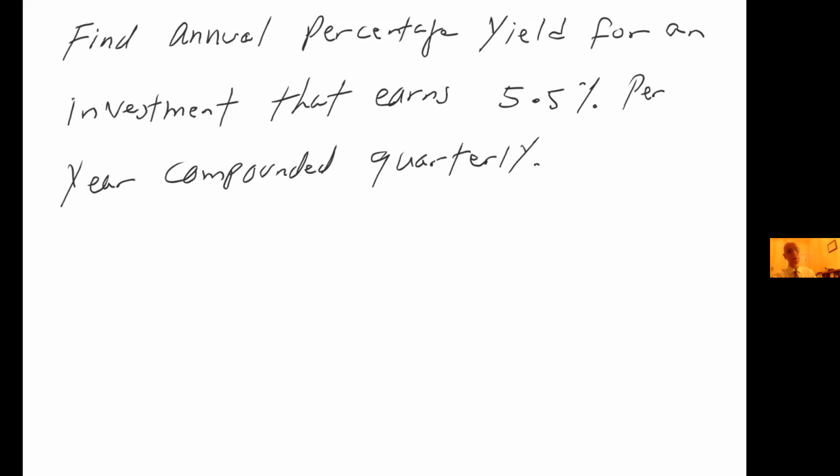Okay, so what we know for sure is that the percentage is going to be slightly more than 5.5%. Let's use our formula: rate of annual percentage yield equals 1 plus r divided by n, to the power of n, minus 1.